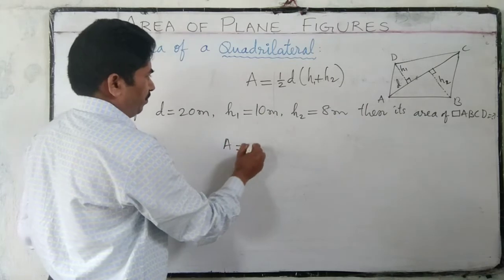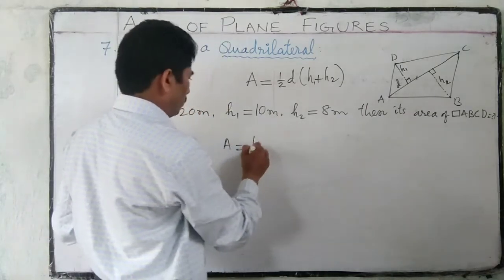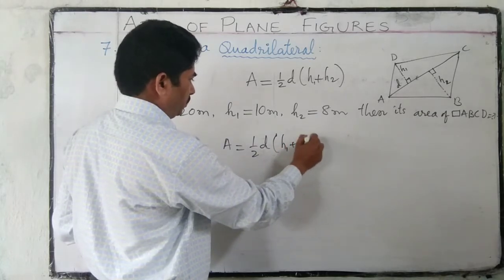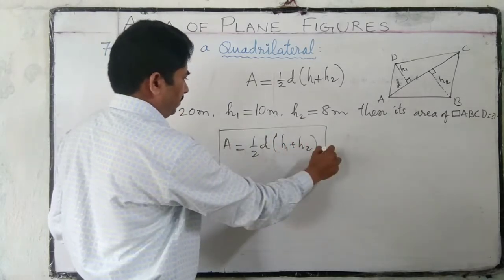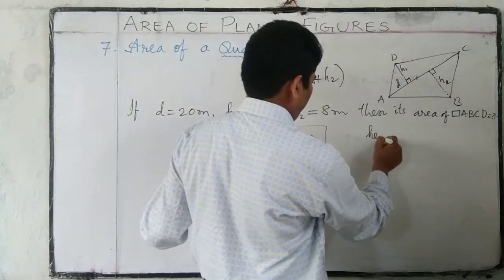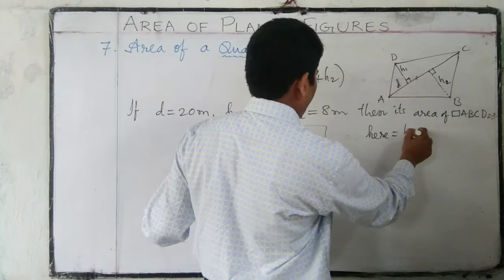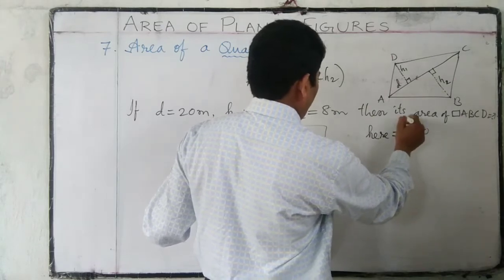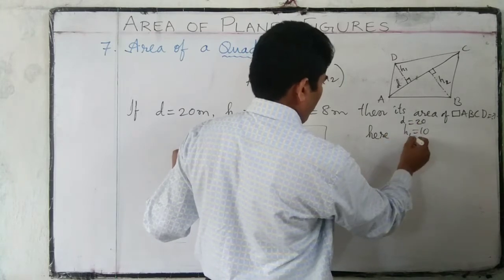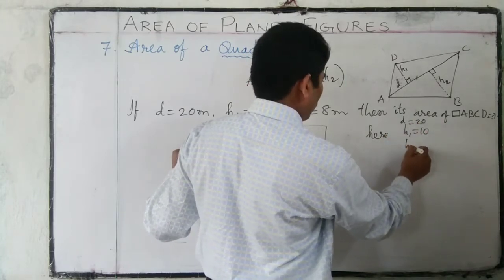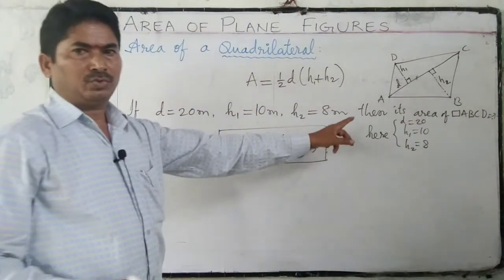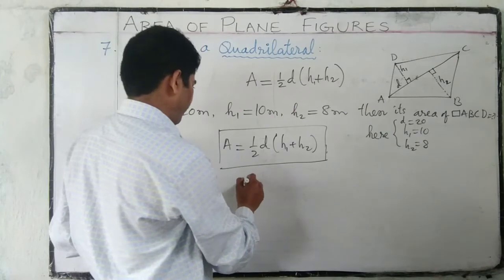A is equal to, here given, A is equal to half D of H1 plus H2. This is the formula. Here given H1 is equal to 10, D is given 20, H1 10, H2 8. We have to substitute those values in this formula.